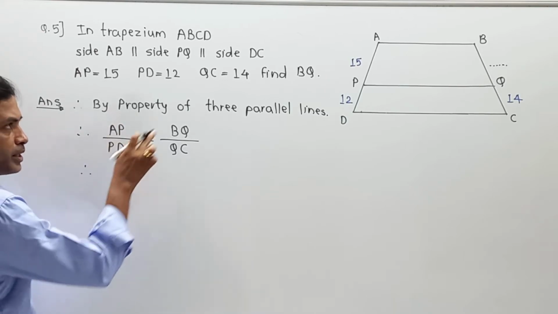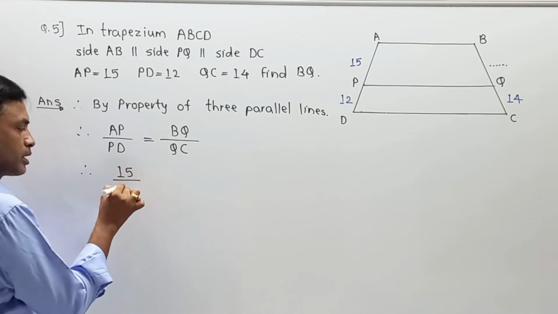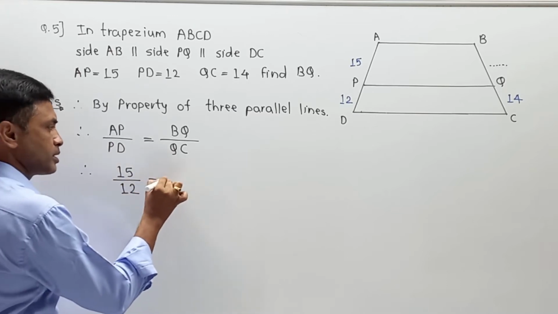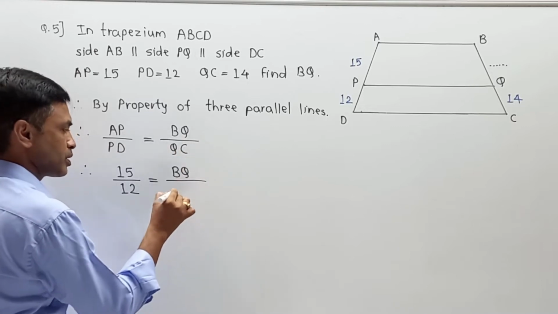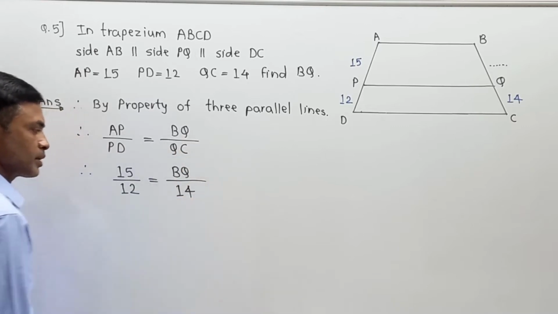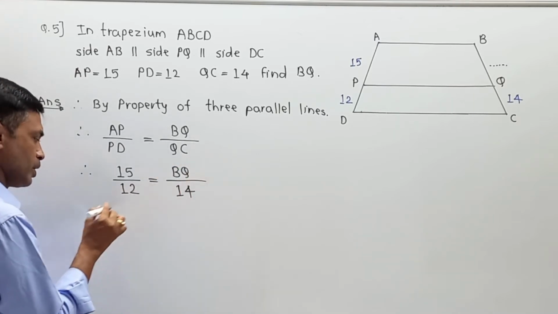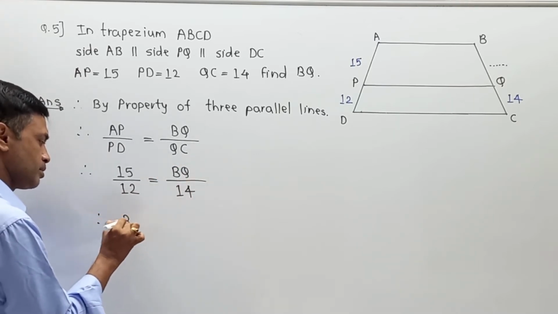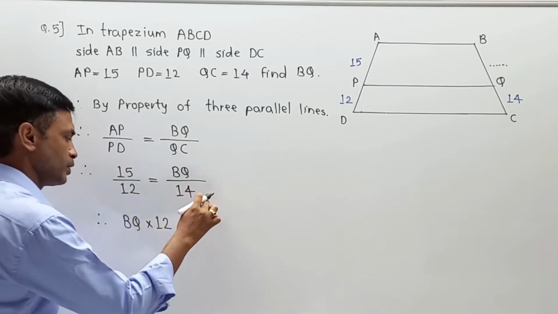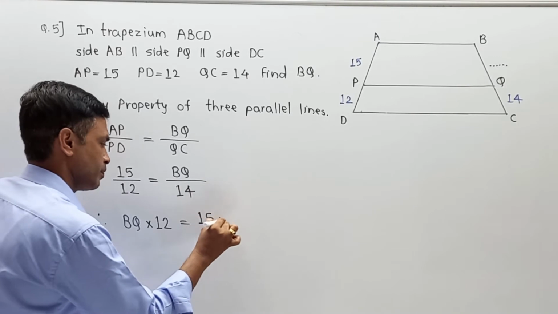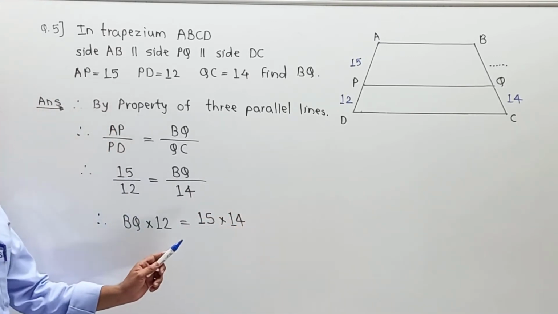AP upon PD, as per diagram this value is 15 upon 12, is equal to BQ, that we are supposed to find, upon QC, which is 14. Now simplification becomes BQ into 12 is equal to 15 into 14. Now this calculation we have to take up to simplification.